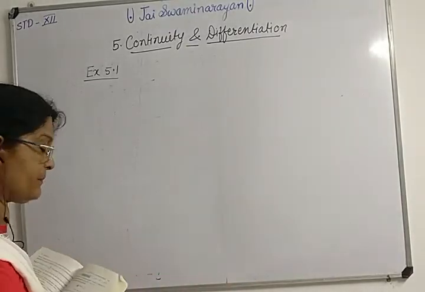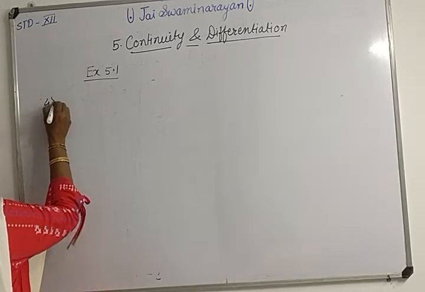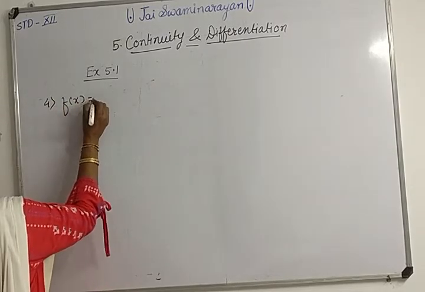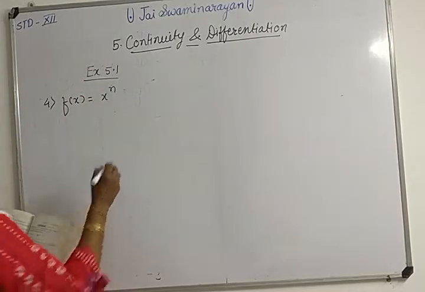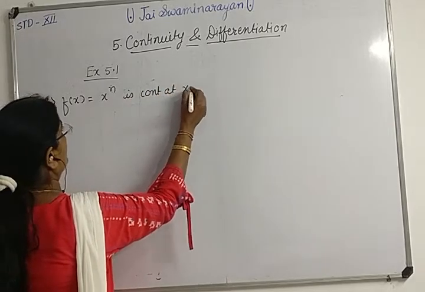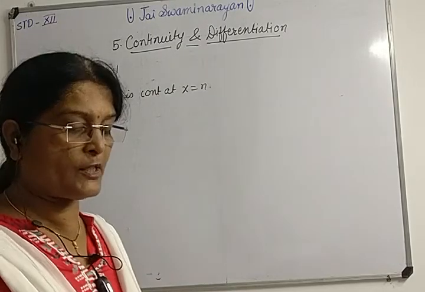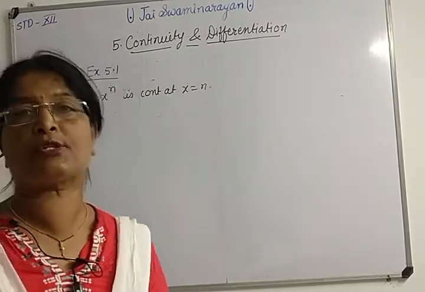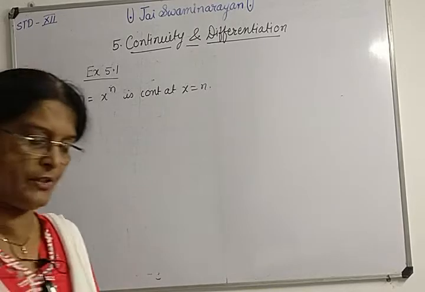Question number 4 is, prove that the function f of x equal to x raised to power n is continuous at x equal to n, where n is a positive integer. Now since we have to prove that this function is continuous, we have to prove that LHL equal to RHL and equal to value of the function.